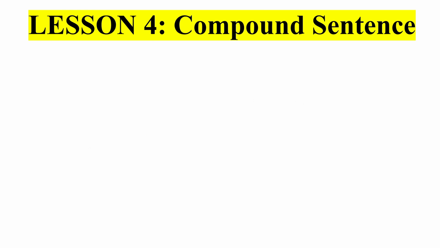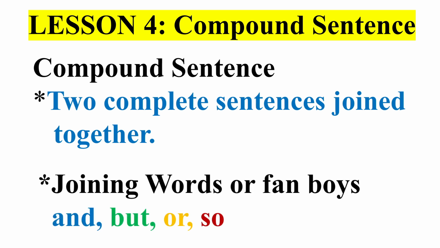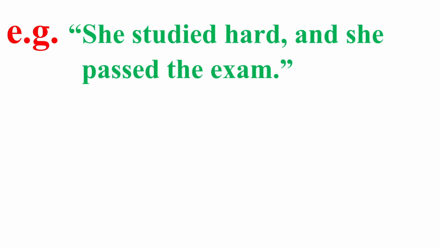Now, let us learn about compound sentences. A compound sentence has two complete sentences joined together. To join the two sentences, we use joining words, or you can call them FANBOYS, such as and, but, or, so. Let us look at an example.